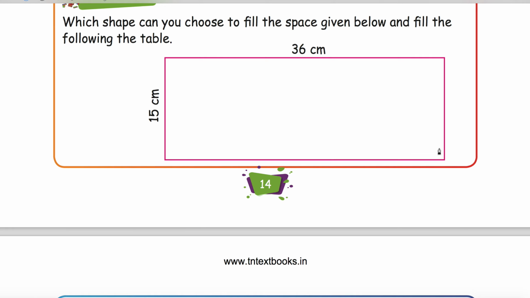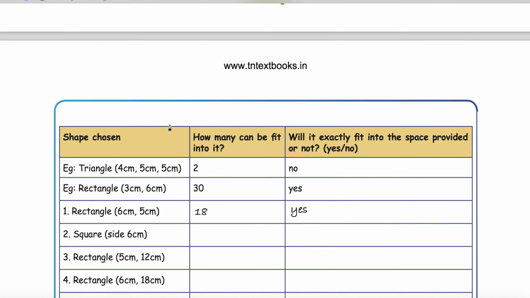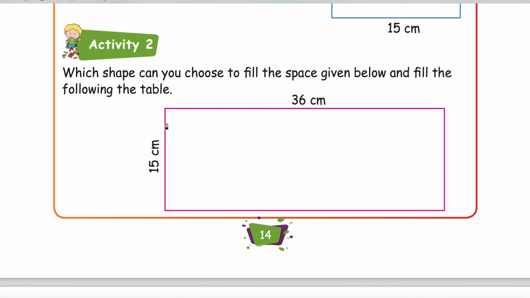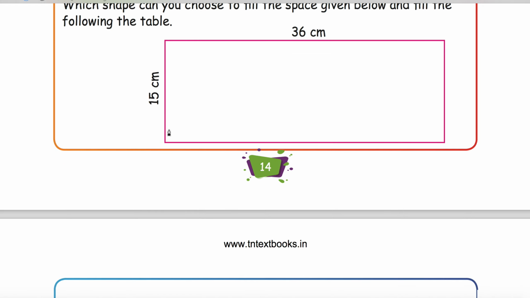6 cm. If you place 6 squares here, it will fill completely along the length. What about breadth? Let's see. This is 6, right? So it can't be used to fill the entire space.